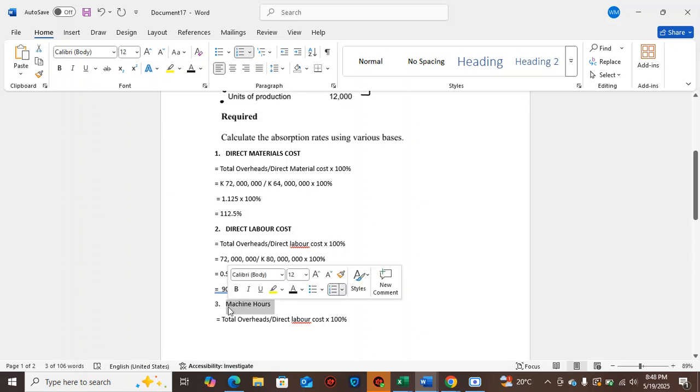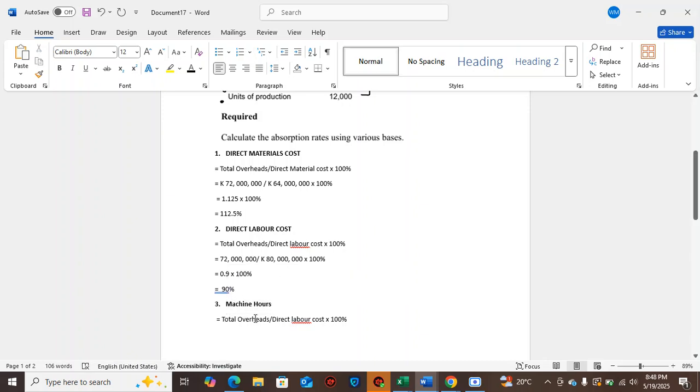Overheads are costs that cannot be connected to the finished product.